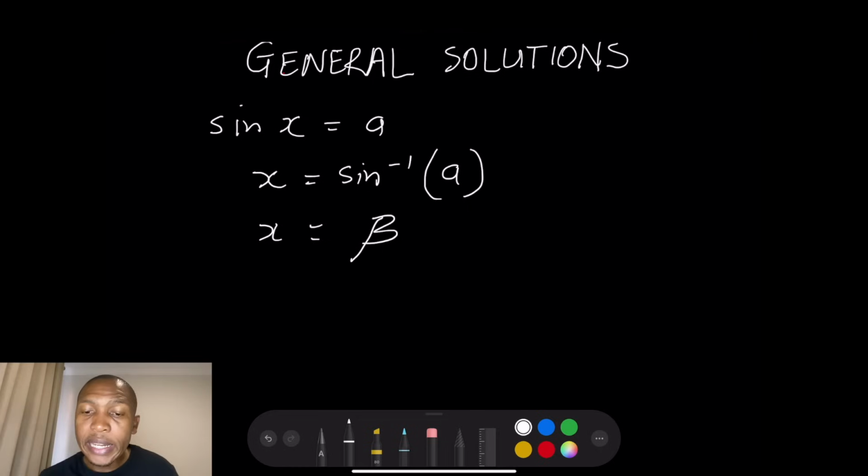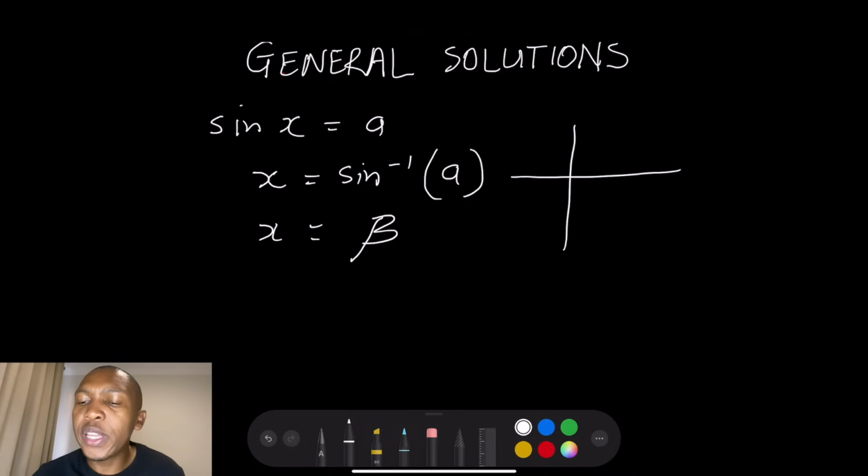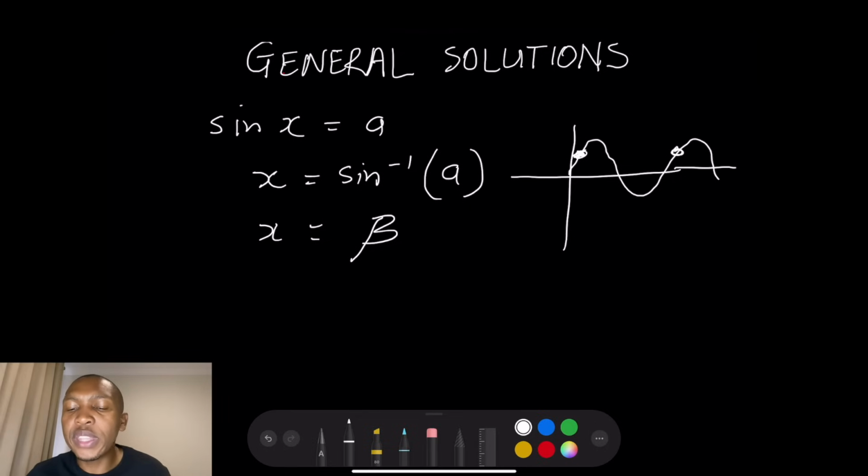Now for sine, please listen carefully. The sine graph always repeats after every 360-degree cycle. What does that mean? If I find a solution, that solution would be the same after 360, after every 360-degree cycle.